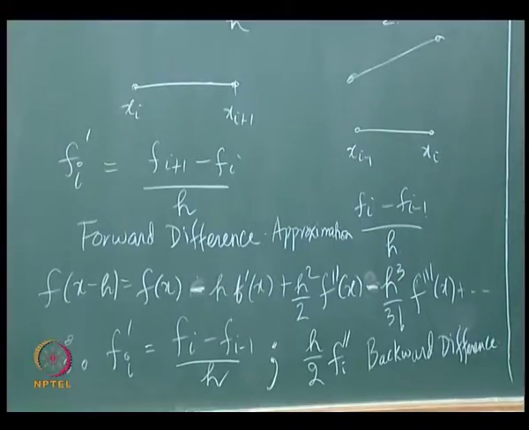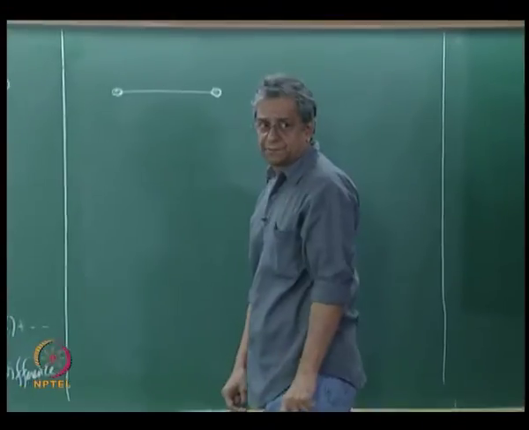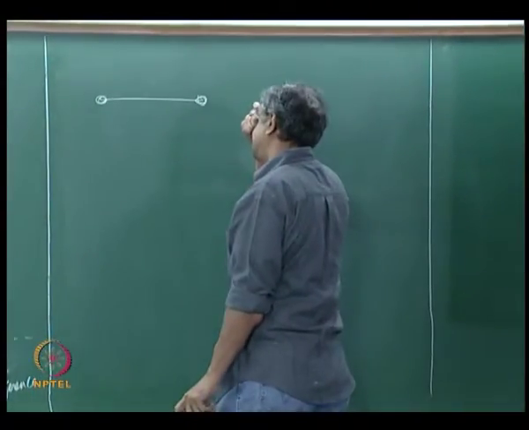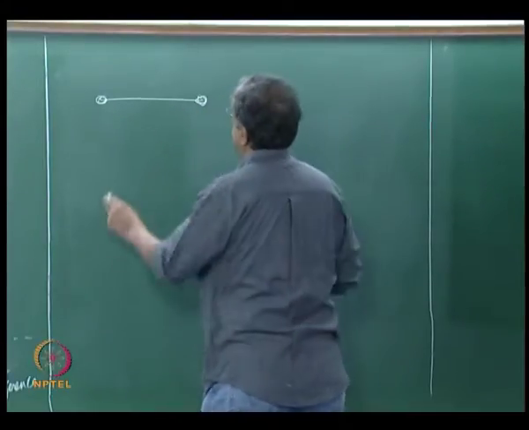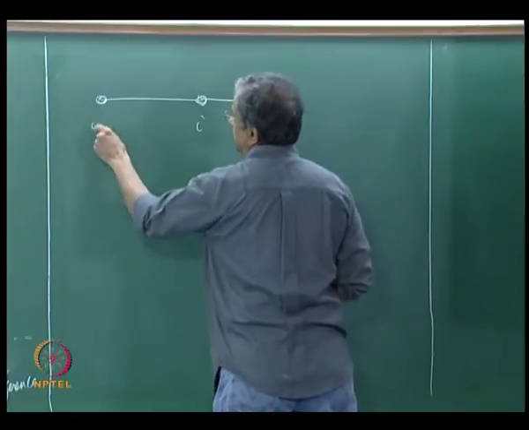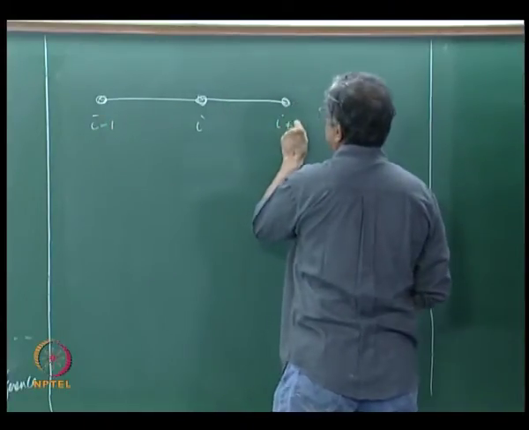Look at this. Across the same interval, I have i minus 1, i plus 1.